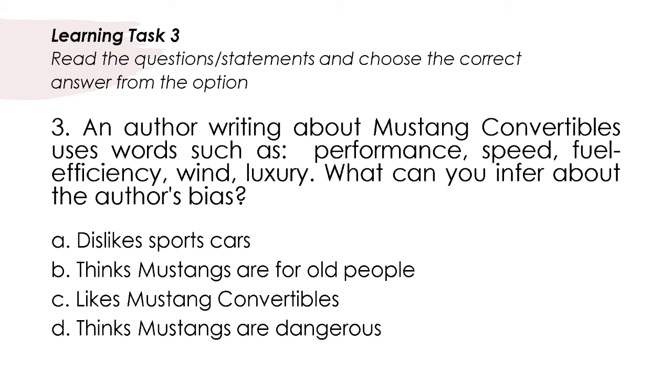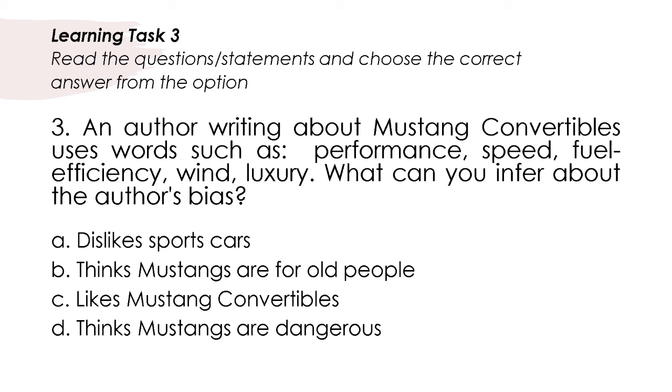Let us have the third one. An author writing about Mustang convertibles uses words such as performance, speed, fuel efficiency, wind, and luxury. Now the question is, what can you infer about the author's bias? A. He dislikes a sports car. Letter B. He thinks Mustangs are for old people. Letter C. He likes Mustang convertibles.